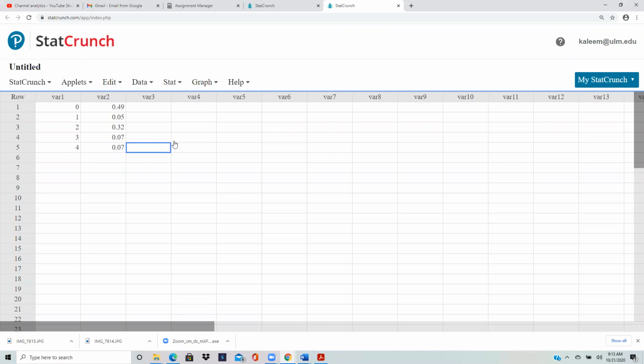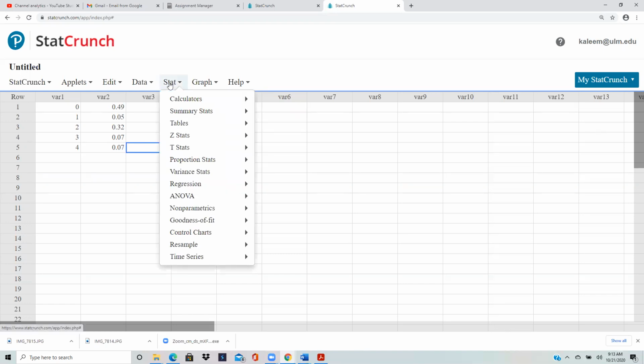After that, do you remember the command for this kind of grouped data? Stats, summary stats, column stats would be done if it was simple data, not grouped data. This one is grouped data, right?